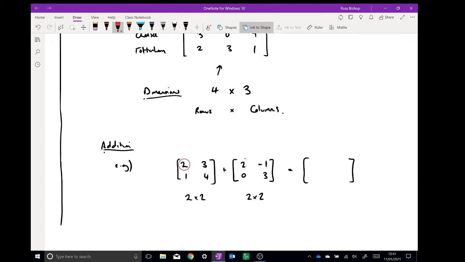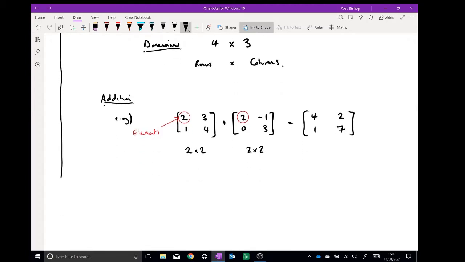These individual numbers are called elements in a matrix. So the first, top left, is 2 add 2, which is 4. The next one is 3 add minus 1, which is 2. Then 1 add 0, which is 1. 4 add 3, 7. So that would be my answer.